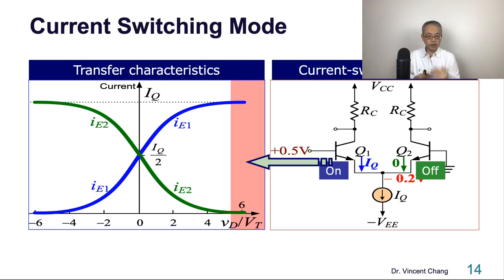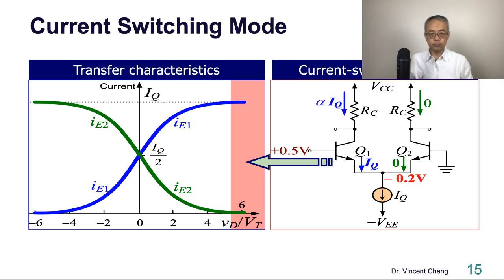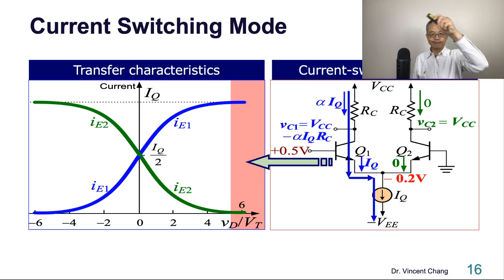From the transfer characteristic, it tells us in this large zone, IE1 will be IQ, IE2 will be 0. So alpha IQ, and 0. You can get the left-hand side voltage is down, while the right-hand side is connected to the high voltage.